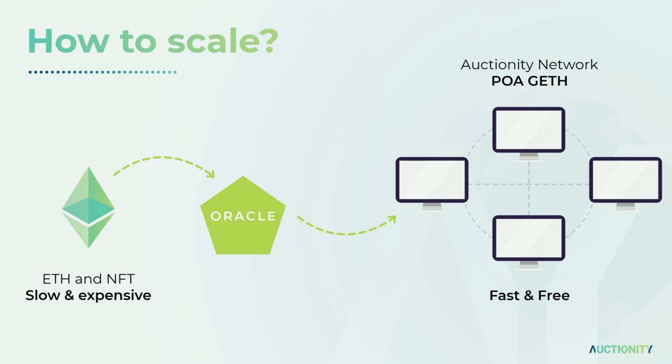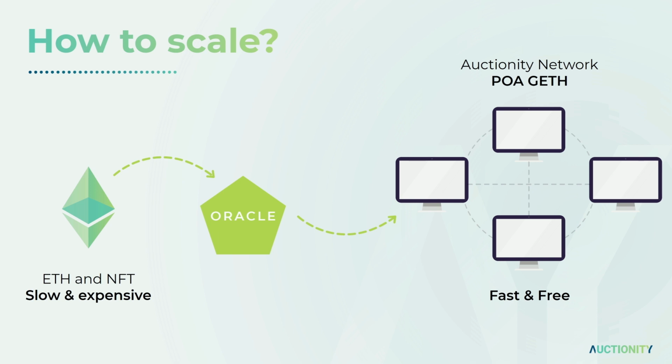If you understood what I mean, the fewer responsibilities this oracle has, the better it is, because it's not decentralized, it's not on chain. So we created a simple oracle just to say, okay, what happened on the Ethereum LiveNet will be mirrored on our Auctionity network, on our sidechain.